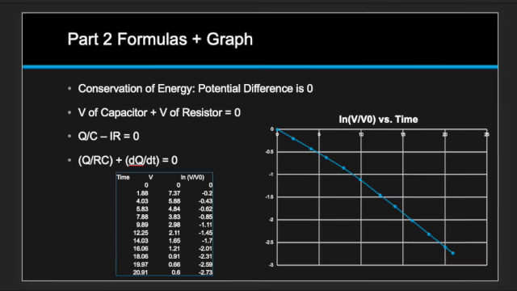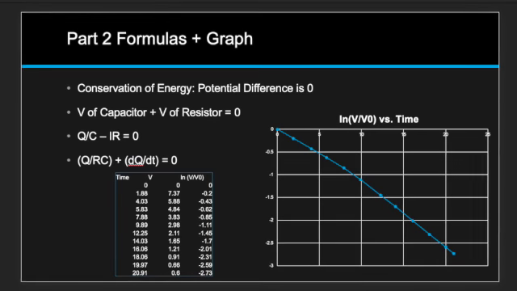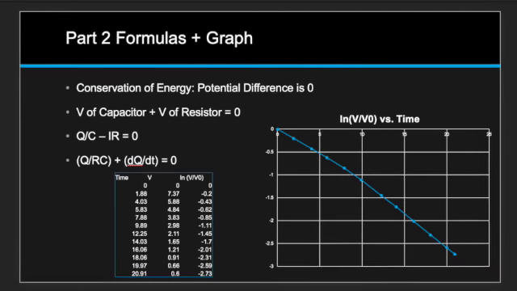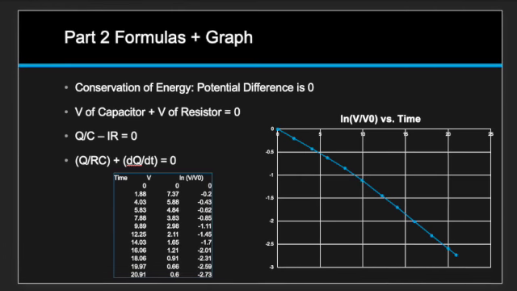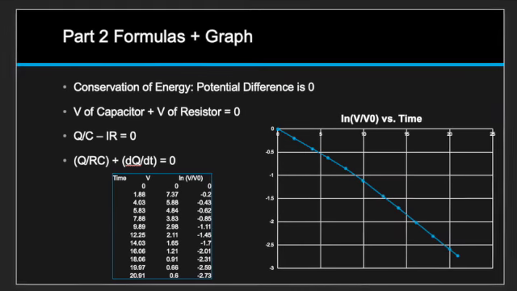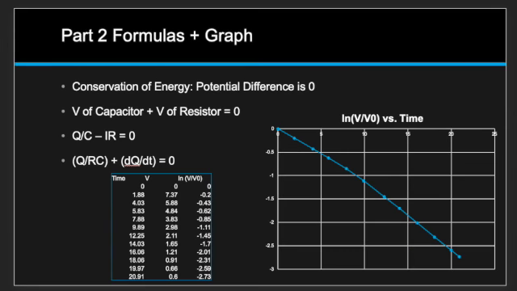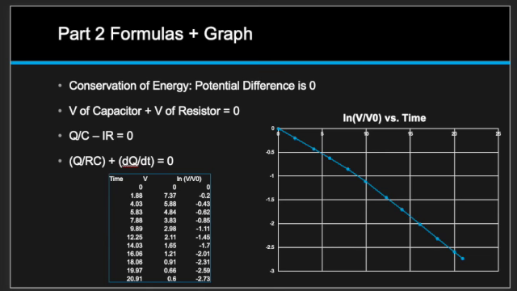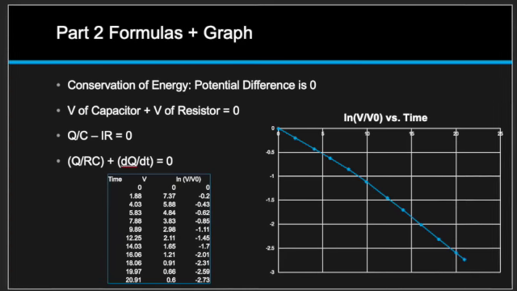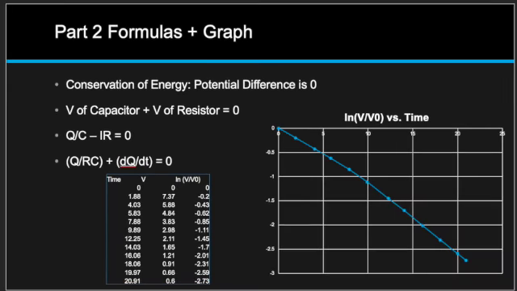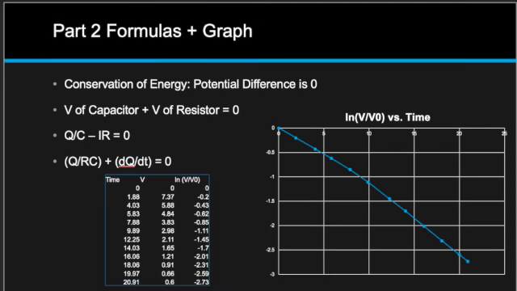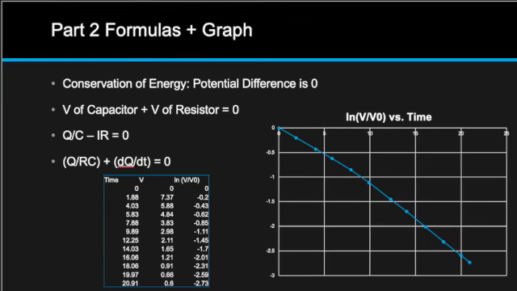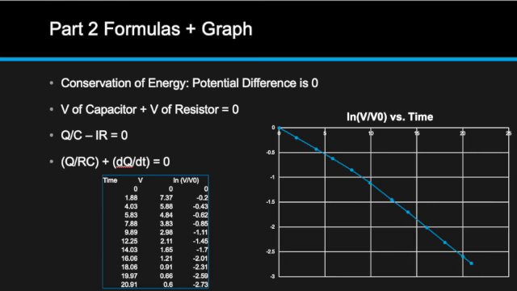Now, the formulas for part 2 start with the conservation of energy, which can be split up into the potential difference of the capacitor plus the potential difference of the resistor is equal to 0. It can also be said as Q over C minus IR is equal to 0, which is the charge over the capacitance minus the current times the resistance equals 0. This can once again be split up into the charge over the resistance times the capacitance plus the derivative of the charge over time is equal to 0.